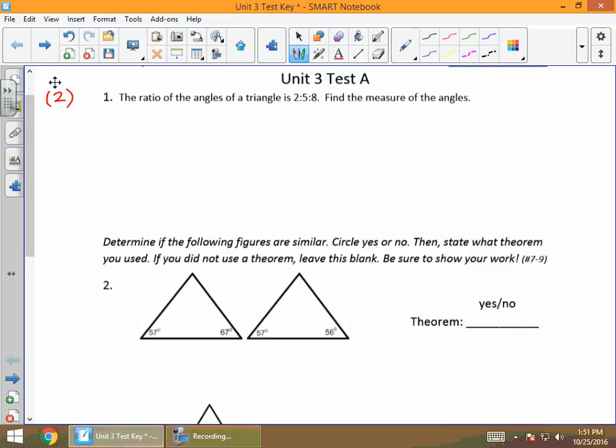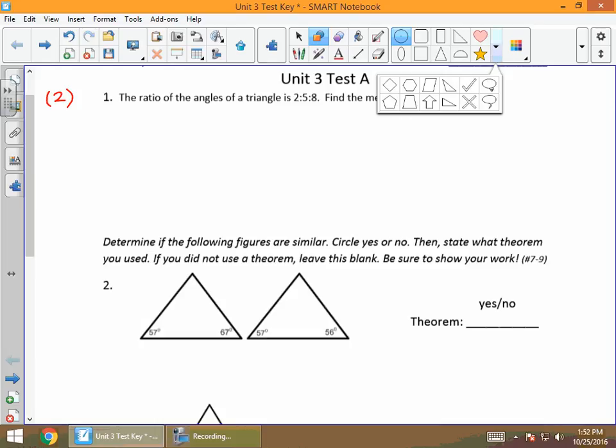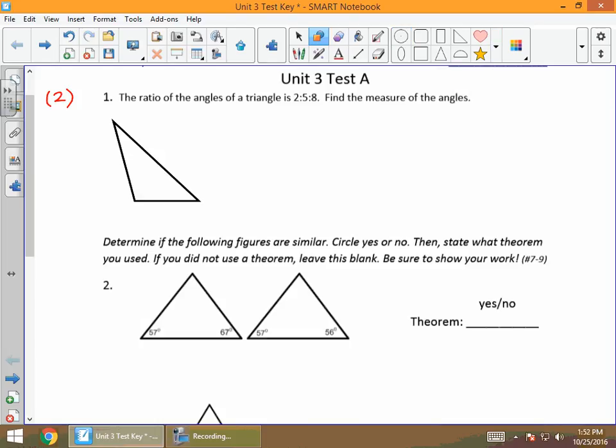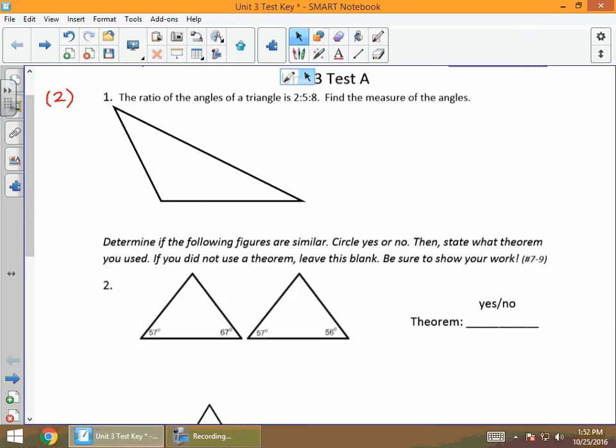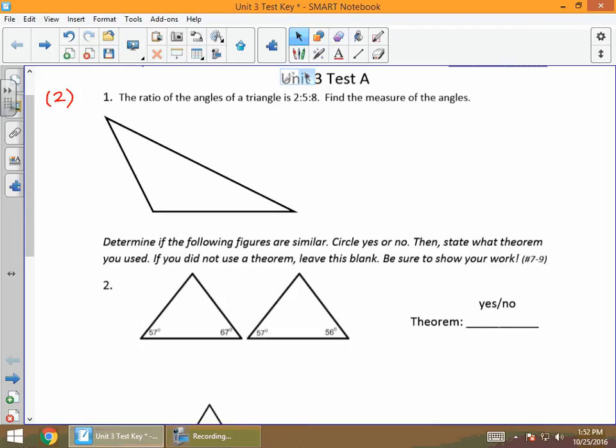Well, I have this triangle. So let me throw a triangle up here. And this will work. Okay, that'll be fine. And it says that the ratio of the angles is 2 to 5 to 8. So this angle is 2x, this angle is 5x, and this angle is 8x.